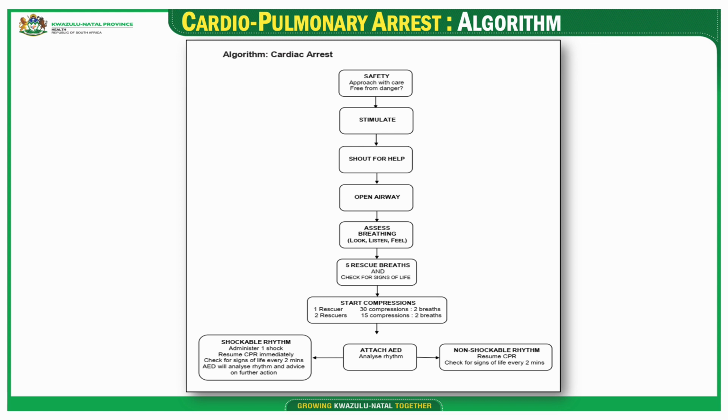It will prompt you, if it is a shockable rhythm, to administer a shock, and then resume CPR immediately after the shock is delivered. Still check for signs of life every 2 minutes. If you've got a non-shockable rhythm, you continue with CPR and check for signs of life every 2 minutes.